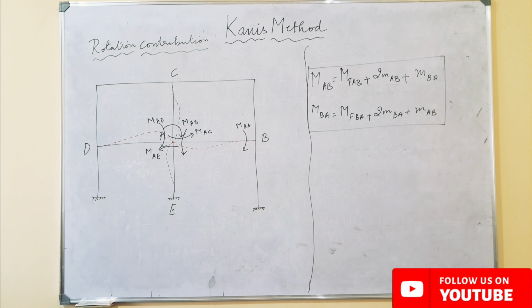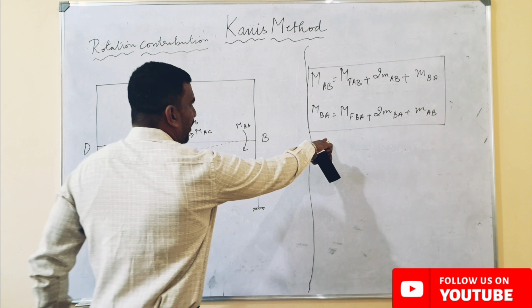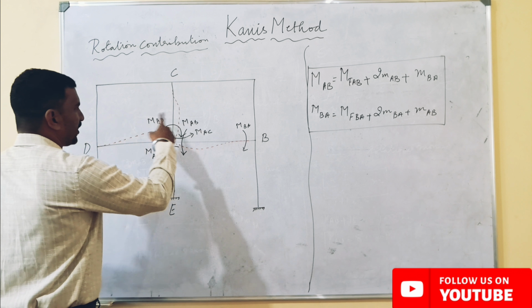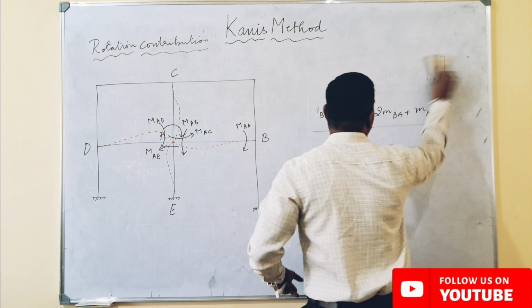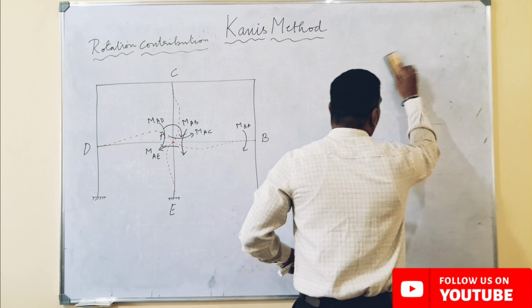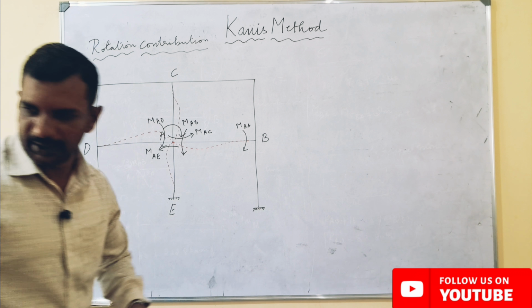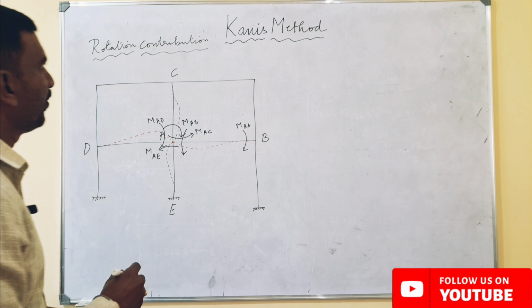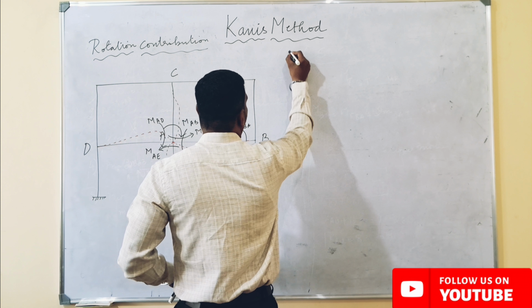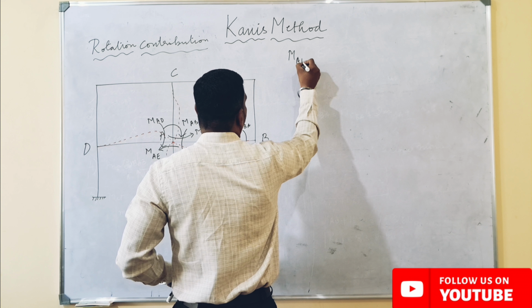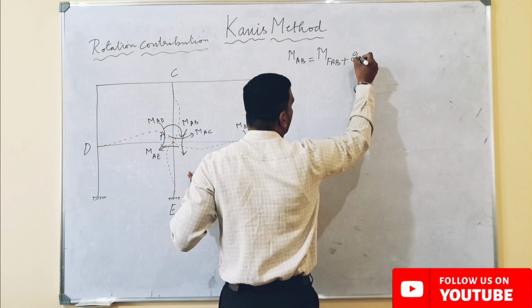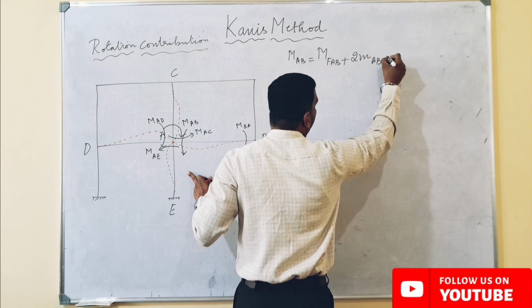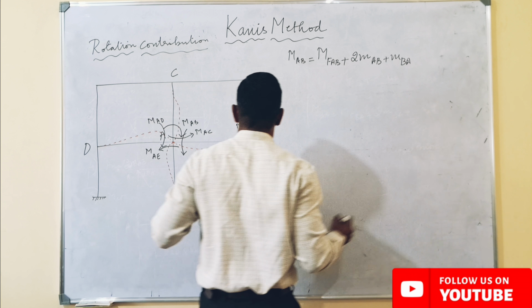Now, using this equation, if I want to write the end moments about the joint A, by using the same Kani's method equation, it can be rewritten as: moment about A to B for this span will be equal to fixed moment about A to B plus 2 times of moment about A to B plus MBA for span AB.